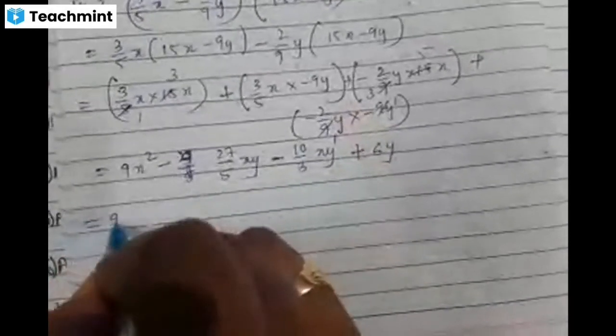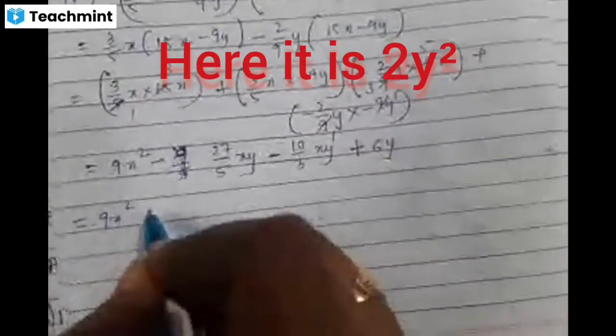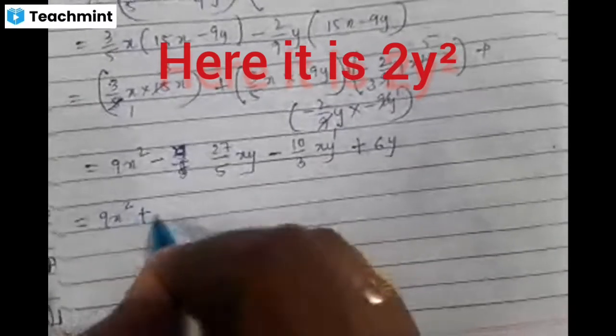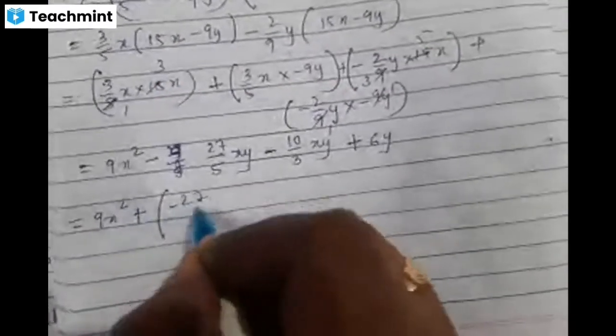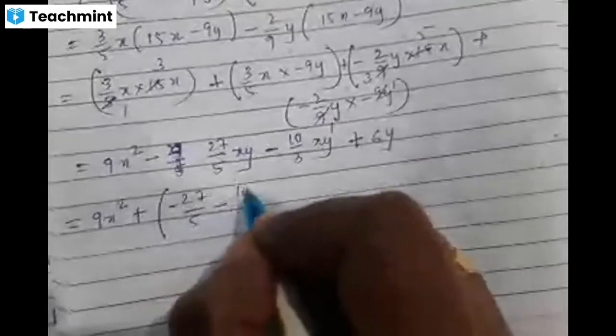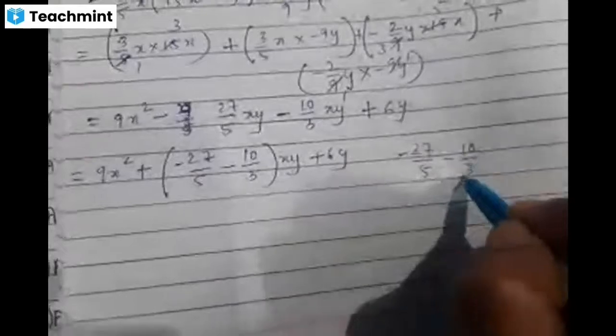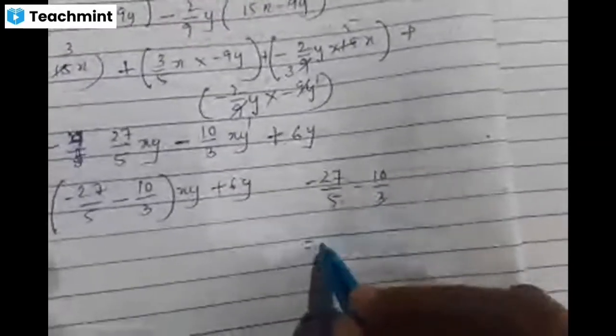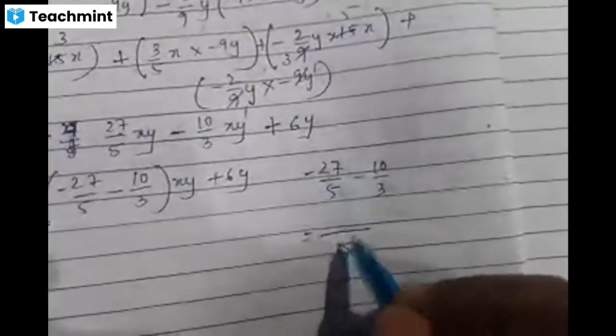So what I do, 9x square y, 9x square, plus I'll use minus 27 by 5 minus 10 by 3, xy is common, plus 6y. So here these two terms have to be added. I'll take it to the rough side. LCM is 15. To make the denominator common, we take out the LCM.